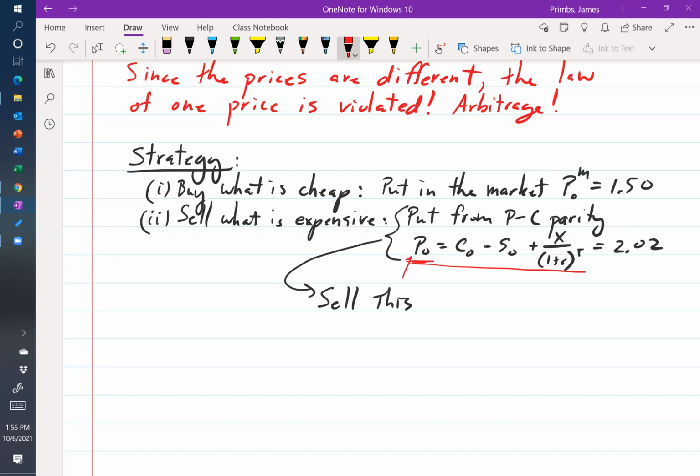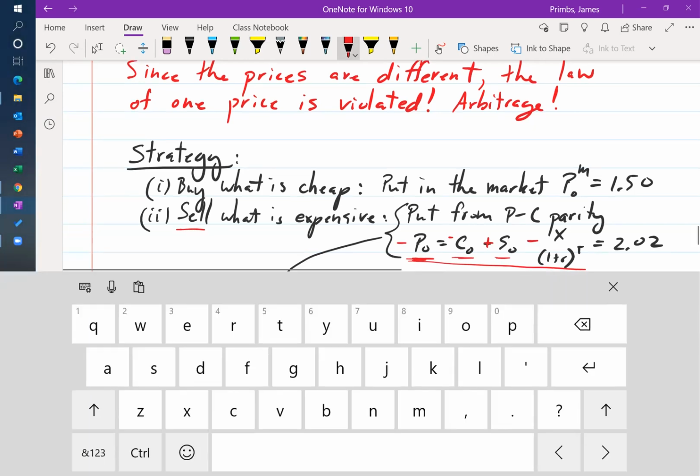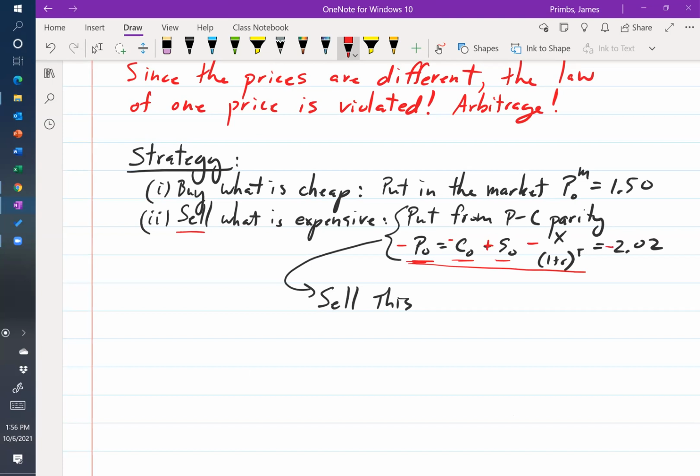The coefficient is 1. Long a put is long a call, short the stock, long a bond. Okay. I don't want to buy this. I want to sell it. So if I want to sell it, I'm just going to multiply this equation by -1 on all sides, right? So that's going to become a minus. This is going to become a plus. This is going to become a minus. Right now I'm messing up my formula here, but so then this would be a -2.02.